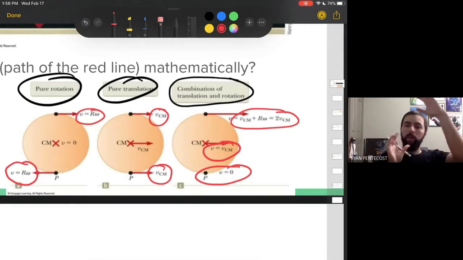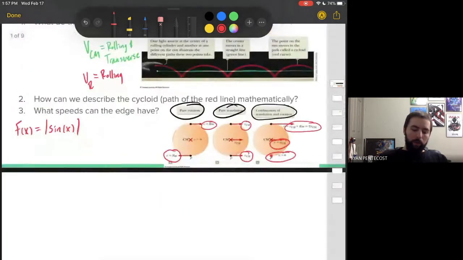But that pivot point moves every moment as it pivots, but that pivot point at any given time has no velocity. So those are the speeds that the edge can have in a rolling object. So that's just kind of our introduction.